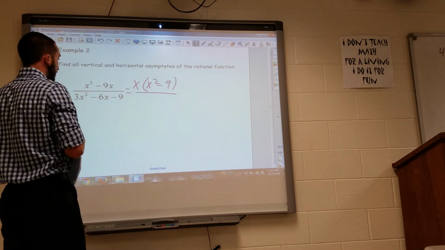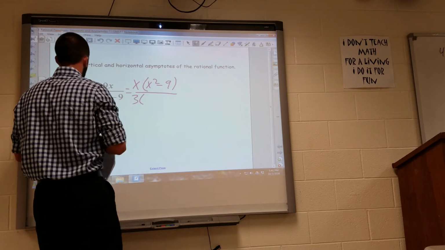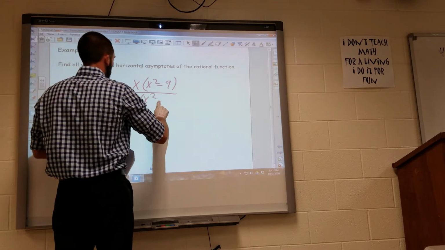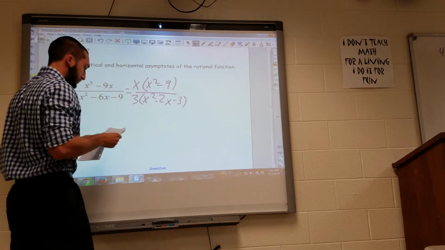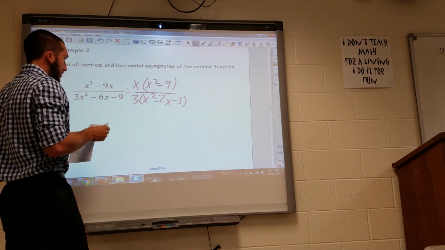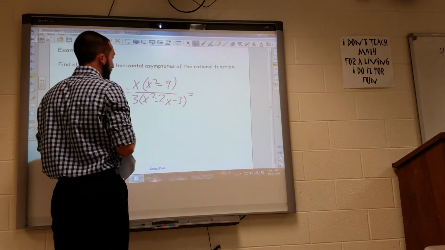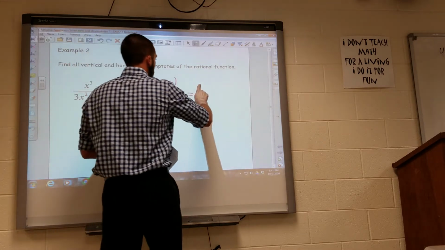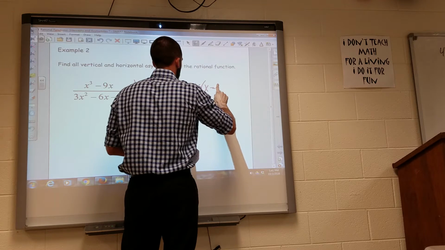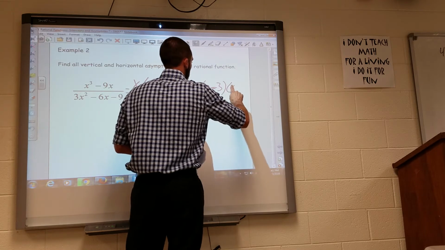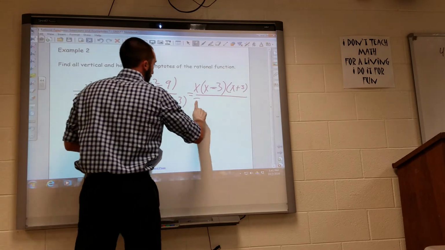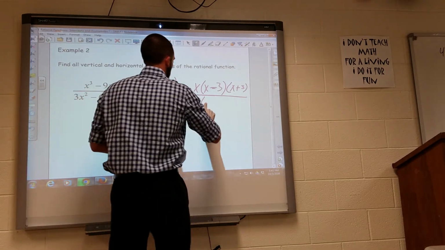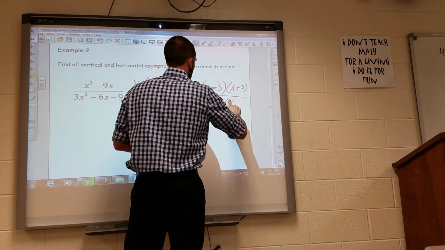And the denominator has a 3 in common, so that leaves us with x squared minus 2x minus 3. Okay, and then this again factors in the numerator, x times x minus 3, x plus 3, and the denominator factors to x minus 3, x plus 1.